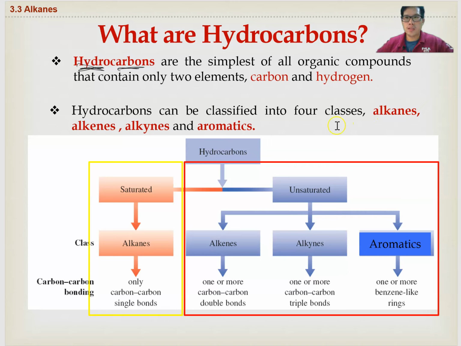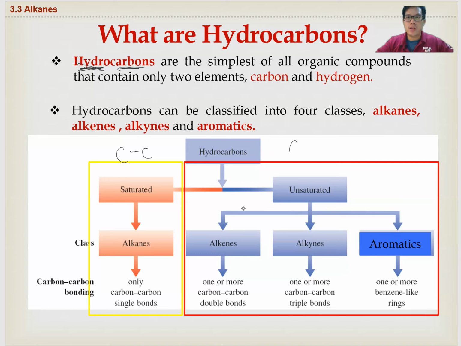So we can actually separate them into 2 categories. Alkanes are saturated. Alkenes, alkynes, and aromatics are called unsaturated. So what are these 2 differences? It has to do with the carbon-carbon bonds. The carbon-carbon bonds for saturated are single bonds. For unsaturated, it can have a double bond, carbon-carbon double bond.